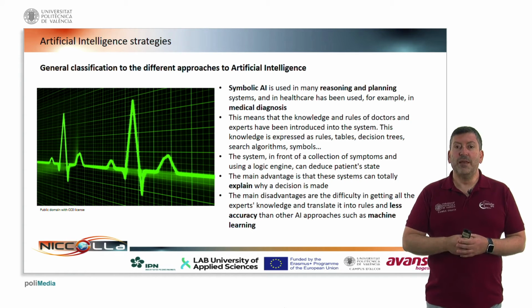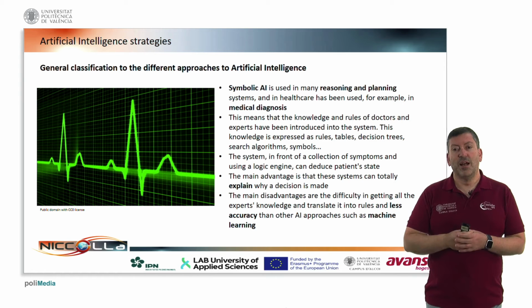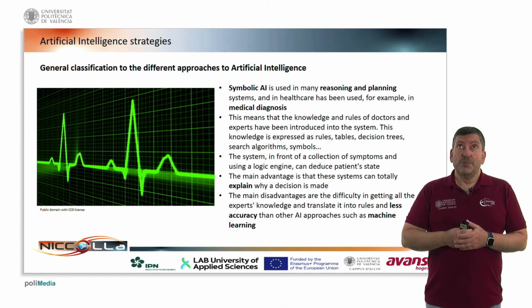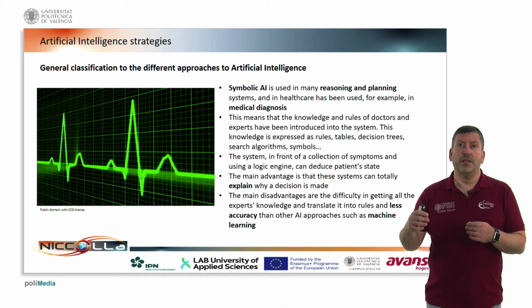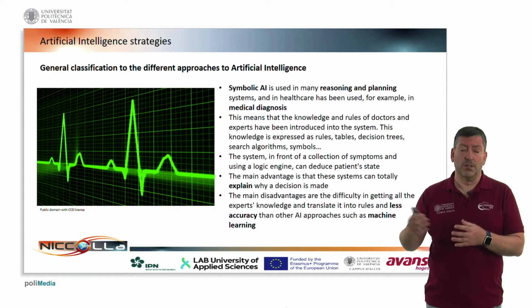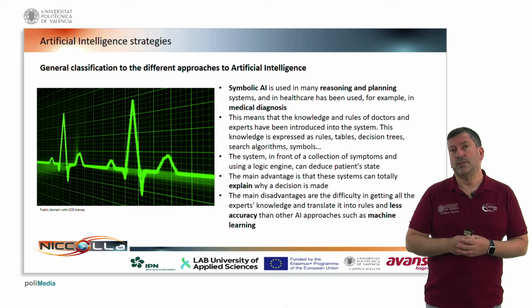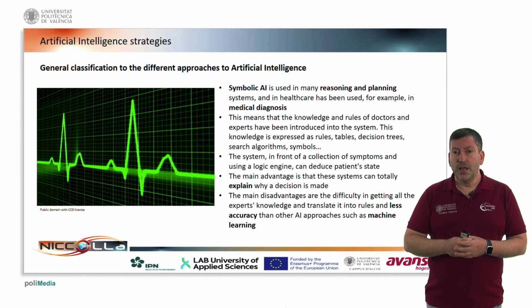However, the main disadvantage is the difficulty in getting all the experts' knowledge and translating it into rules. This means that we have a lot of difficulties getting the experience and knowledge of someone from the social or healthcare sector and putting it into a collection of rules, with a logic engine to work with that.